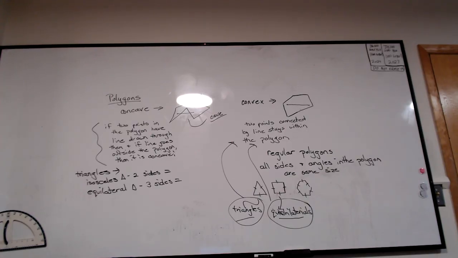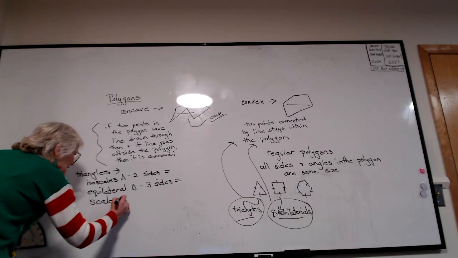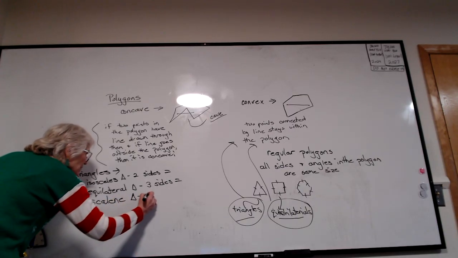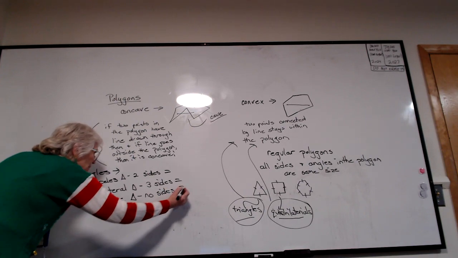Say it again. What is the name of the triangle that has no sides the same? It's one you don't hear very often. It's called a scalene. A scalene triangle has no sides equal.